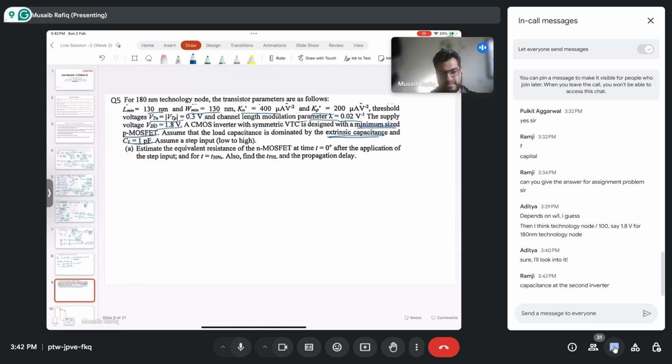It comes from some external things. So you are referring to a chain of inverters. You can say that capacitance is coming from the second inverter, or the wire capacitance, the parasitic capacitance. You can say that.